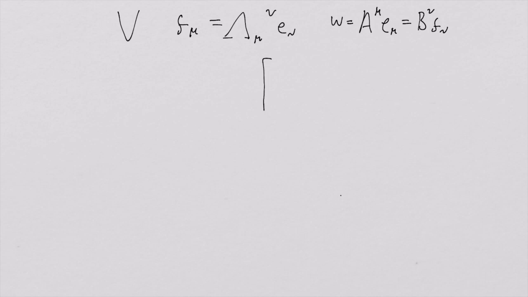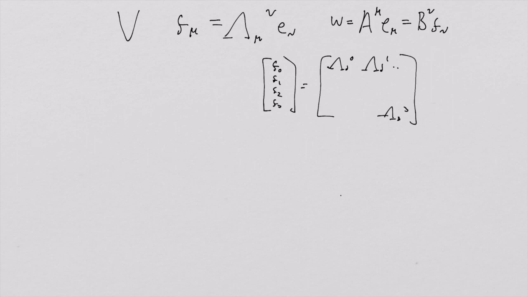And by the way, these are actually matrix elements. I want to emphasize that this could be organized as F0, F1, F2, and F3. This is now standard linear algebra, right? And then this would be lambda 0 0, lambda 0 1, etc., all the way down to lambda 3 3. And then over here, you would have E0, E1, E2, and E3.